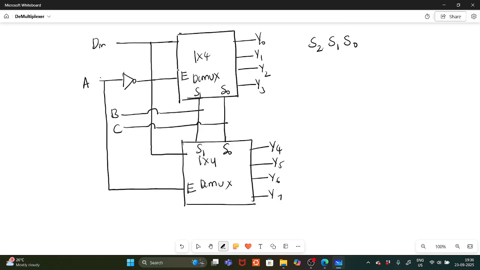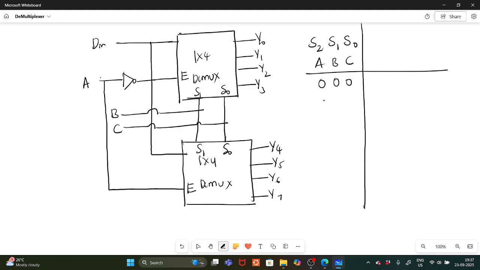S2 equal to A, S1 and S0 are the selection lines you gave as A, B, C. So three inputs are there. How many possible combinations do you have? Eight possible combinations: 000, 001, 010, 011, 100, 101, 110, 111.